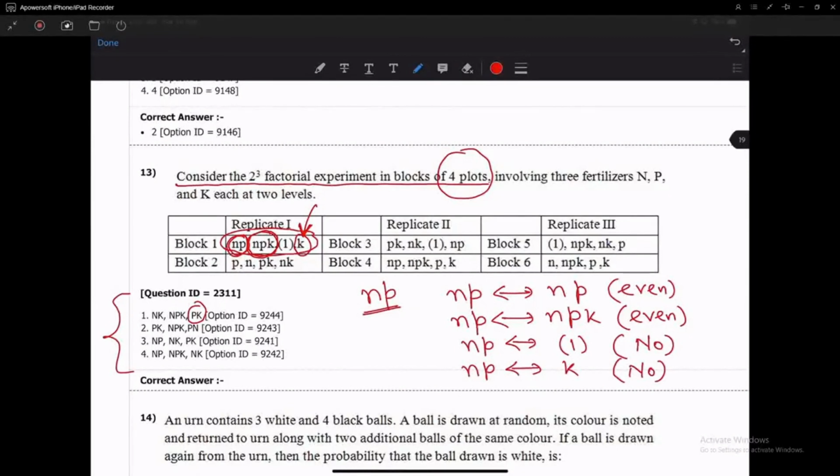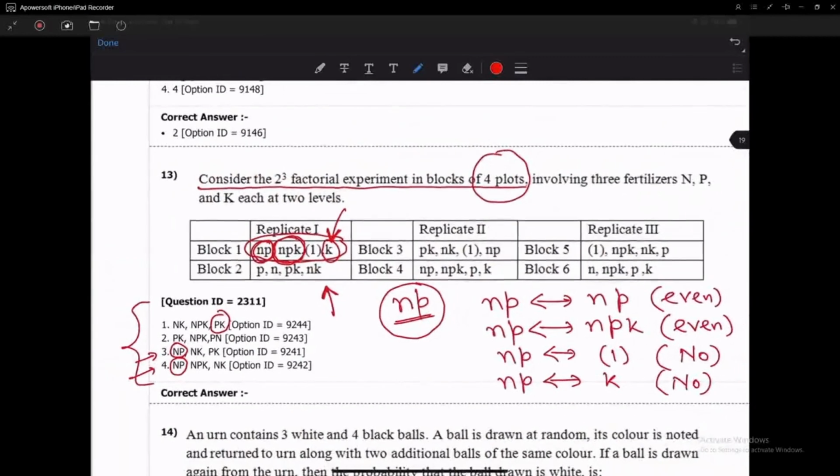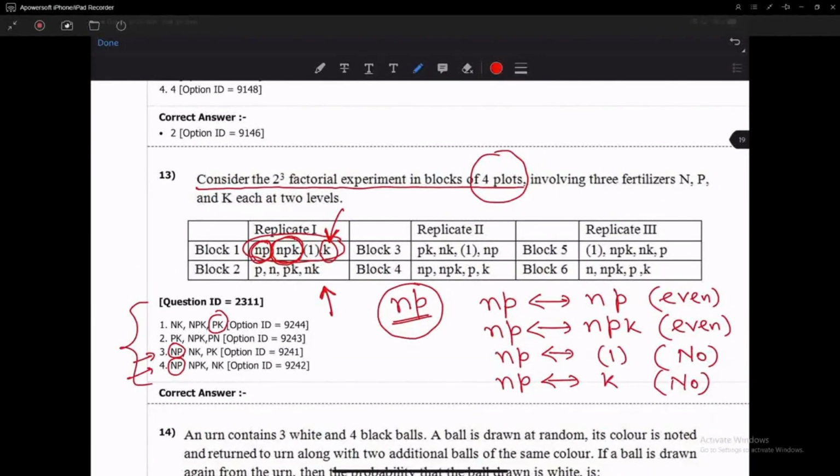So that's why we can say that NP is the confounded effect in the first replicate. So we just have to choose option 3 or option 4, as you can see that in option 3 we have NP in the first replicate, and in option 4 also NP in the first replicate. So option 3 or option 4 will be correct.